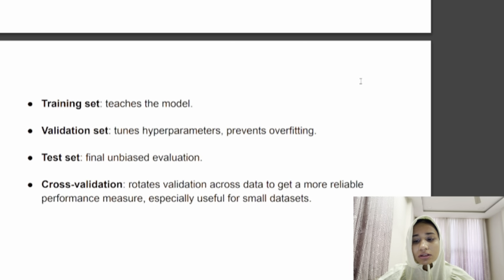And cross validation rotates validation across the data to get a more reliable performance measure, especially useful for small data sets. So this was the explanation of question number 3 of the assignment, and here it ends.